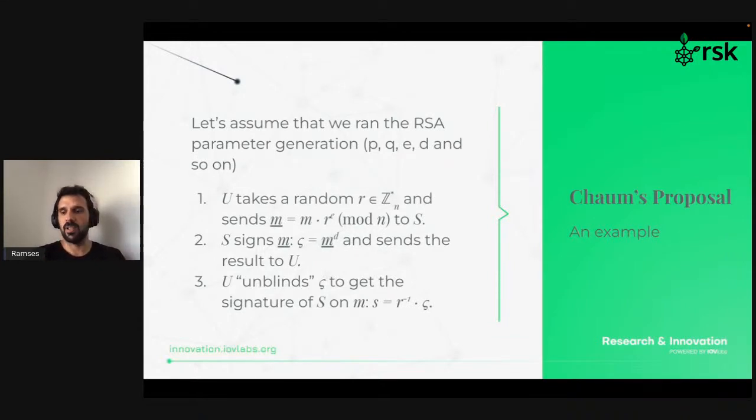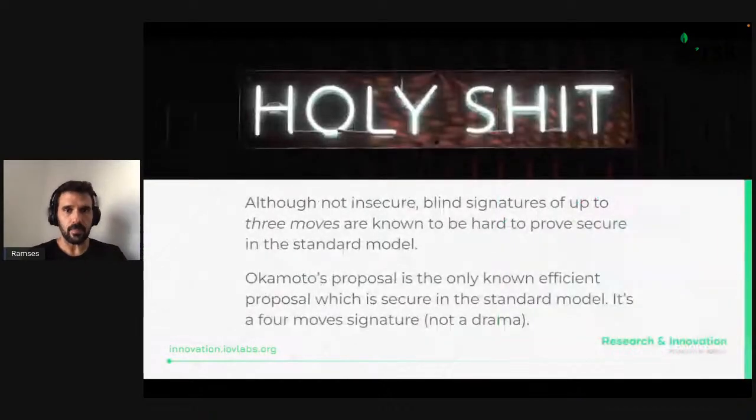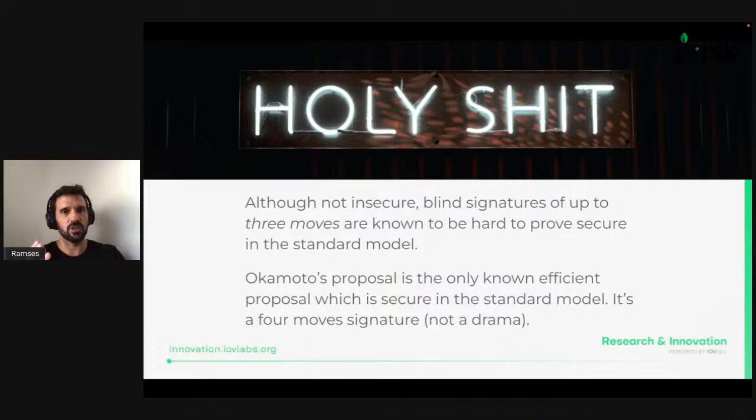So you can have one-movement mechanisms like Chaum, two-movement, three-movement mechanisms, which count the times the user and the signer exchange information. For example, Okamoto's proposal is a four-movement proposal. So this is why Okamoto's is very important, and I'm always talking about it.